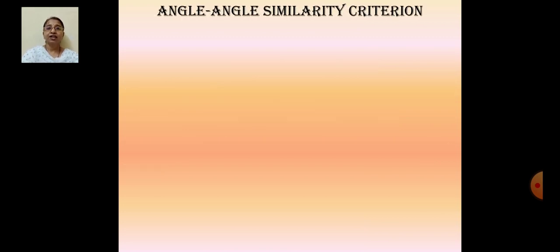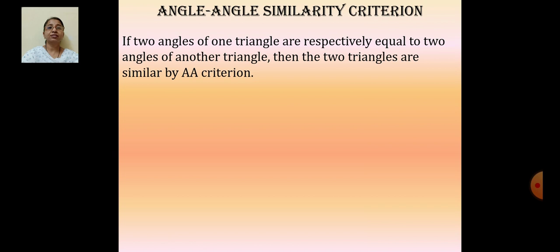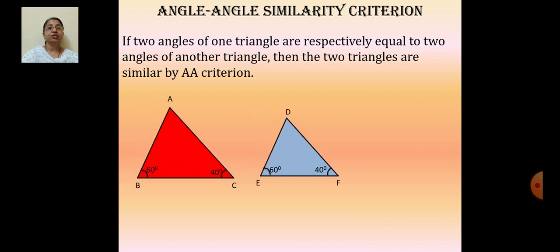So the first criterion is the angle similarity criterion. So let us see what that is. Here are two triangles. If two angles of one triangle are respectively equal to two angles of another triangle, then the two triangles are similar by angle criteria. Now how to write?